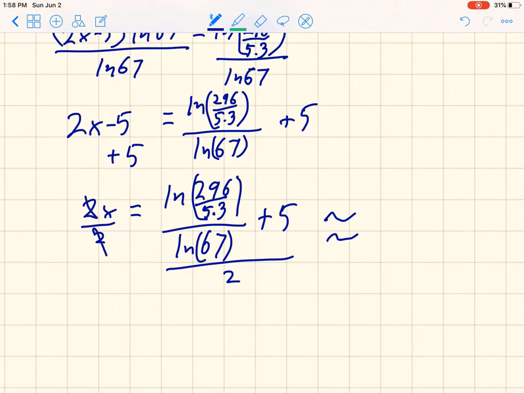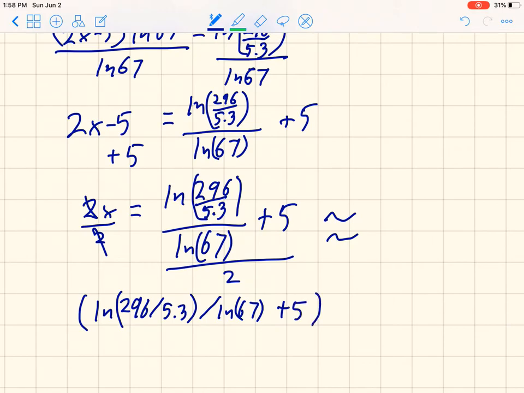You have to manage your parentheses pretty carefully, so I should just write out what I'm putting into my calculator here. So I'll have open parenthesis, natural log of 296 over 5.3, close parenthesis, divided by natural log of 67. So then I'm adding 5. Now I'm closing my parenthesis that's paired with this one over here, and I'm dividing all of that by 2.